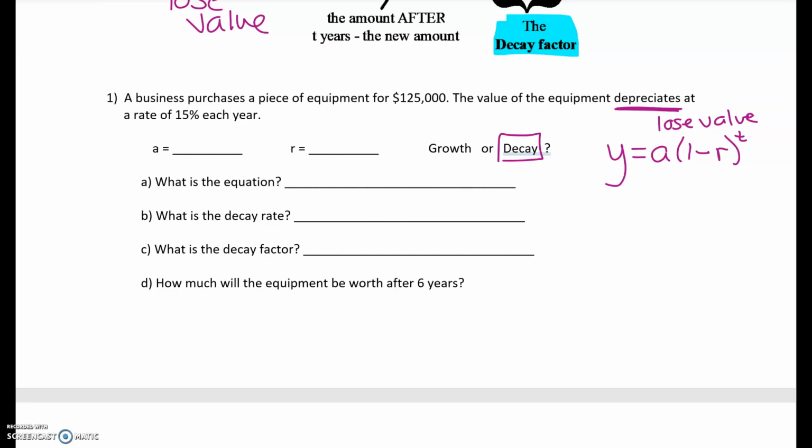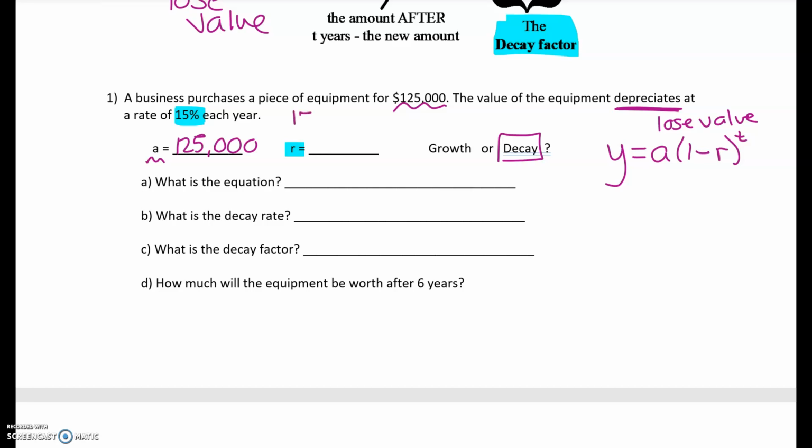So let's figure out, what are the a and the r that we're going to plug in? Remember we said a should be our initial value. In the problem, our initial value is this $125,000. Our r, which is that rate, is going to be whatever your percentage is. The only problem is, I said we have to write our rate as a decimal.